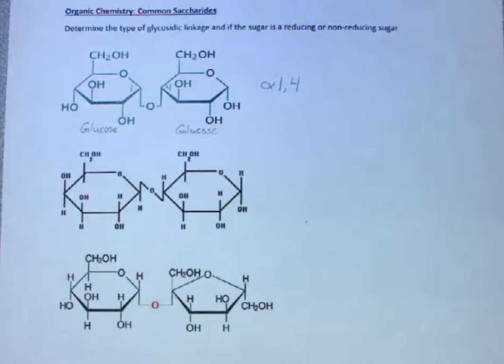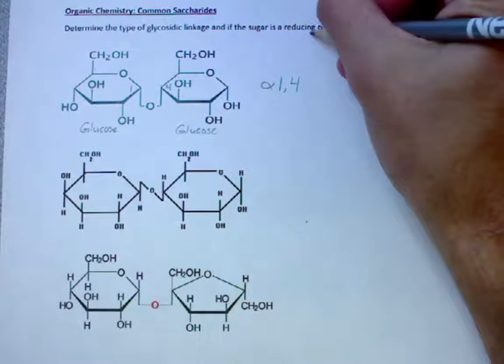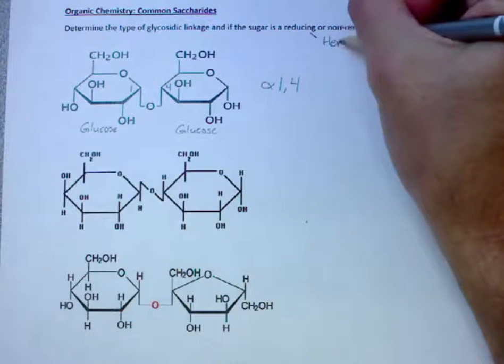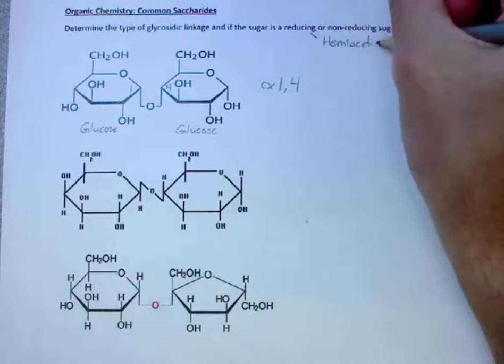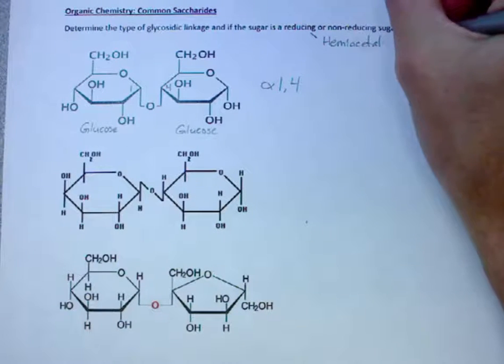To determine if the sugar is reducing or non-reducing, we have to look for hemiacetals and hemiketals.